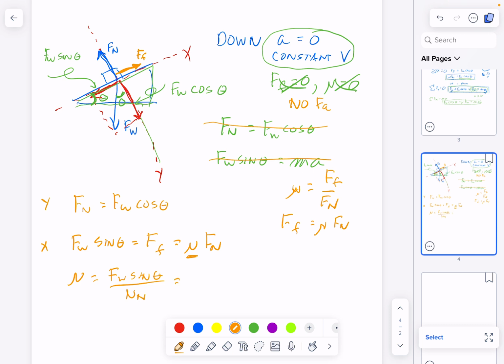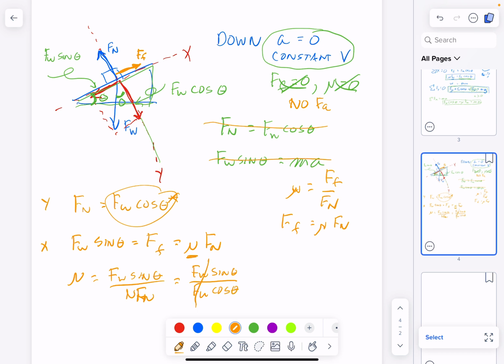But F sub n equals this. So I still have Fw sine theta in the numerator, and in the denominator, I'm going to substitute in Fw cosine theta, and look at that.